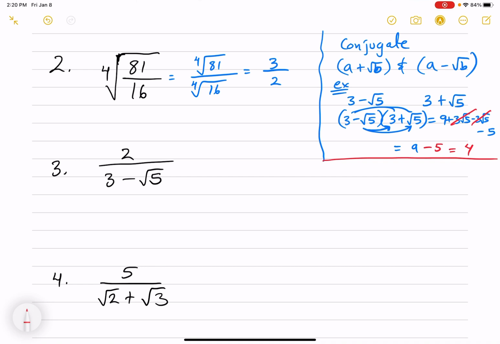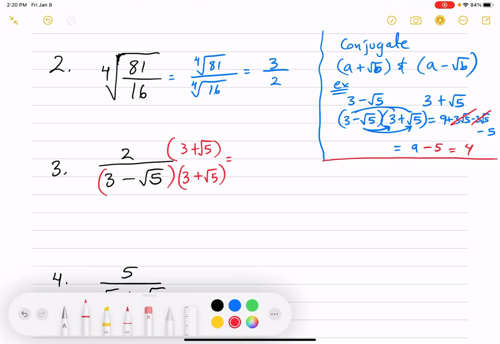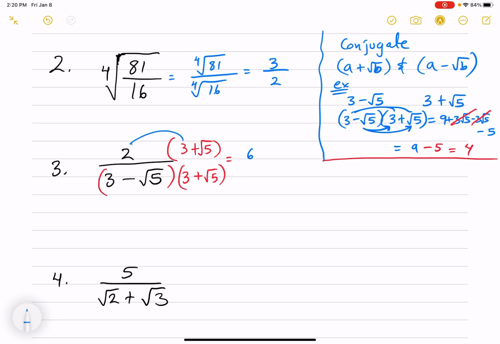In order for us to simplify expressions numbers 3 and 4 here, we're going to multiply everything top and bottom by the conjugate of the denominator. When we do that, on the numerator, we're going to get 6 and then 2 square root of 5. And on the bottom, I already showed you that the product of these two conjugates is going to give us just a 4.